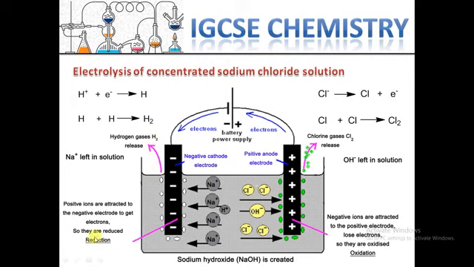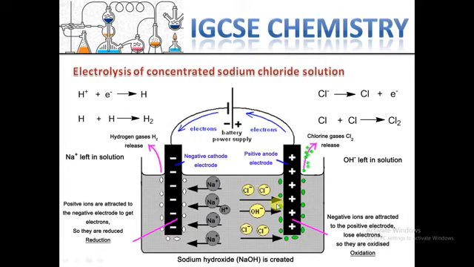This kind of reaction is reduction. As we learned before, if it gains electrons, we call it reduction. But what happened to the sodium? Sodium is deposited here, it stays here.